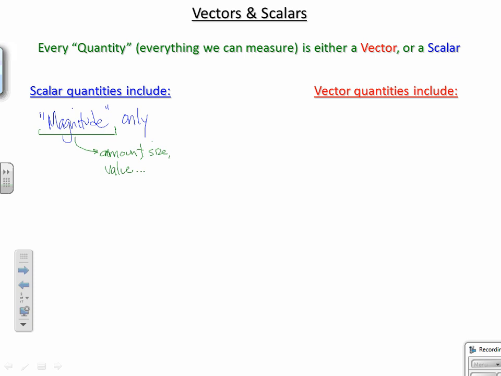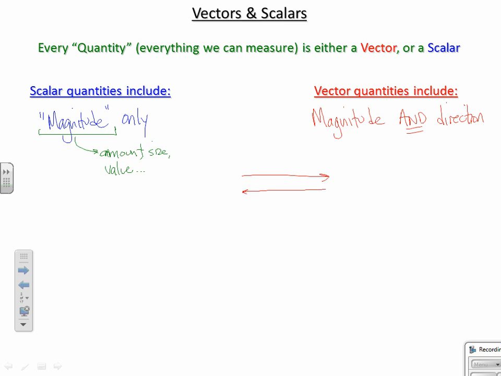Vectors, because they're quantities, all quantities do have a magnitude. All quantities have to have some sort of amount of something, and the big deal is direction. All right, you'll notice in the page before, I said, well, what if I walked 5 miles this way and then walked 5 miles that way?